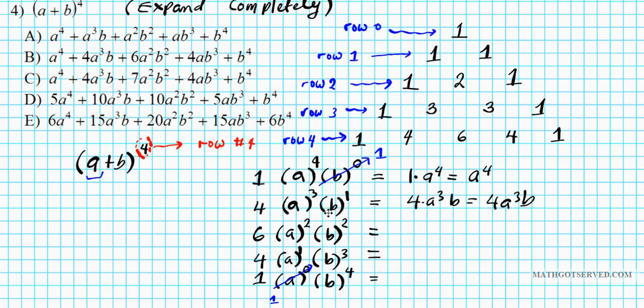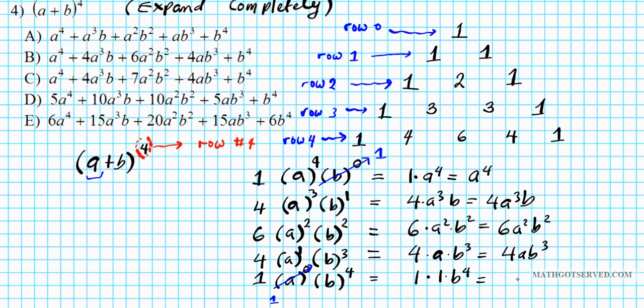And then the next expansion, we have 6 times a squared times b squared, which is 6a squared b squared. 4 times a times b to the 3rd is 4 times a to the 1st b to the 3rd, which is 4ab cubed. And then the last row, 1 times 1 times b to the 4th is just b to the 4th.